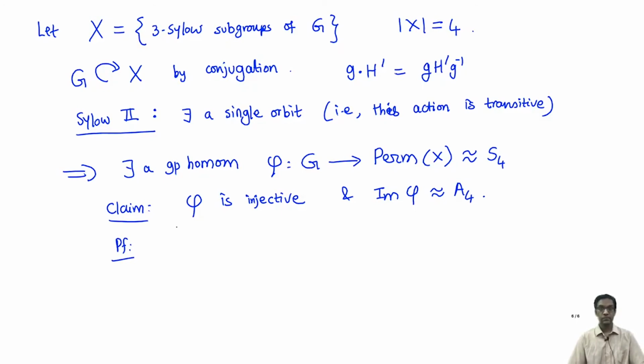Recall from the problem that we did last time, in the earlier problem session, that we know how to compute the kernel of this homomorphism phi. When you have a group action and you consider the corresponding homomorphism, the kernel of that homomorphism is nothing but the intersection of all the stabilizers.